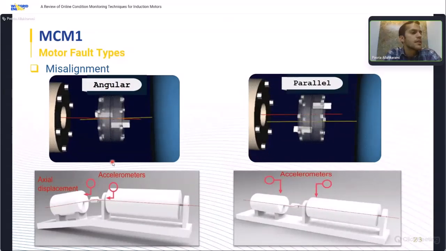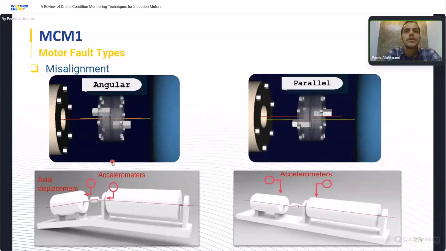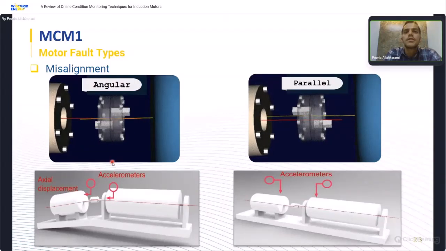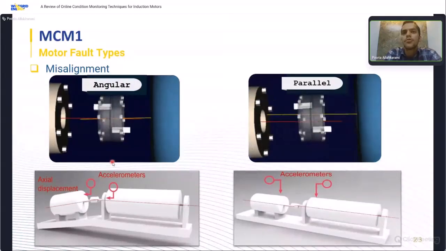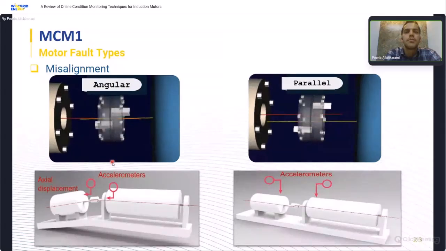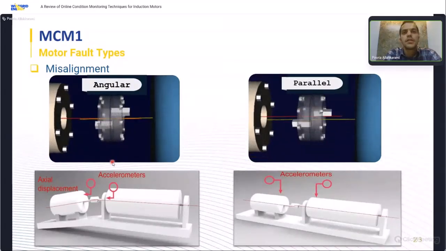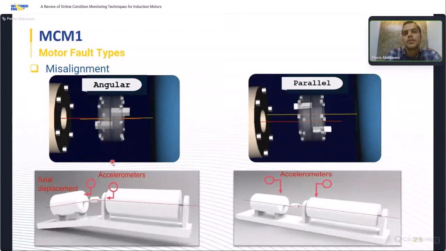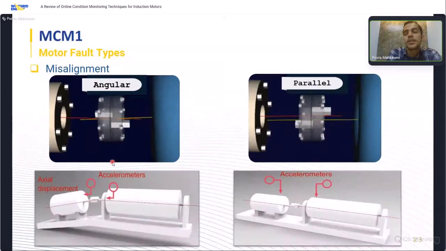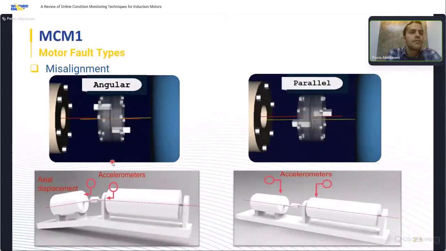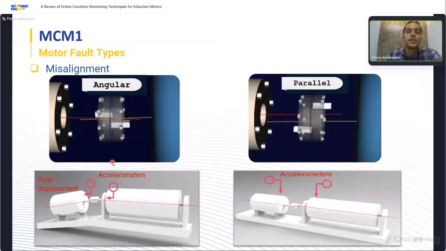The parallel, the right picture you can see here, occurs when the center lines of the motor shaft and the load are separated by a radial distance. In the angular type, they have intersection points, but they form an angle between the center line of the rotor and the attached load.